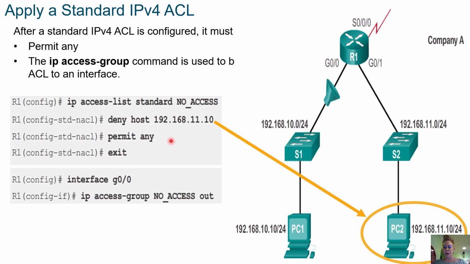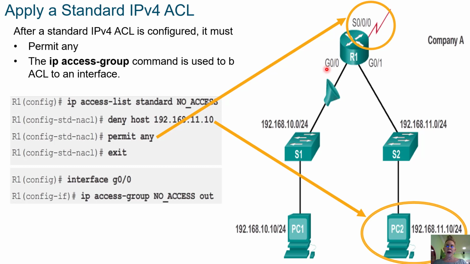So we put the permit any. So in this example, the permit any would allow traffic coming from the serial interface to get to where it's going. And now I'm like, well, where do I want to deny this host from accessing? I want to deny it from accessing the 192.168.10.0 network. So where do I put the access control list?